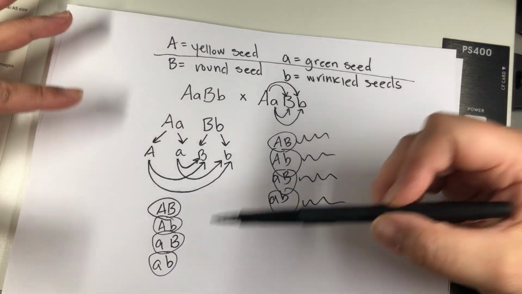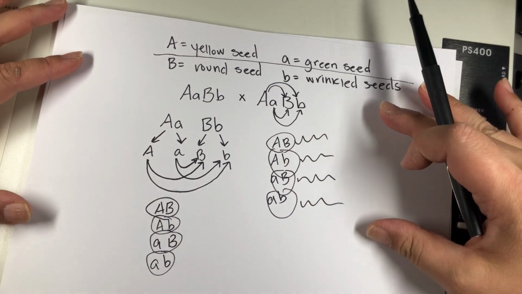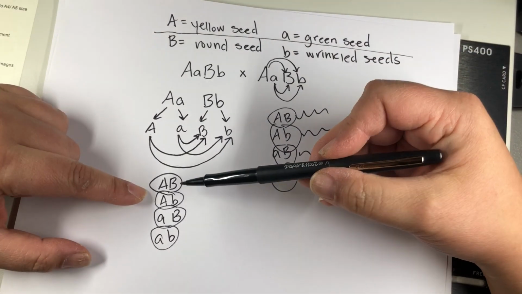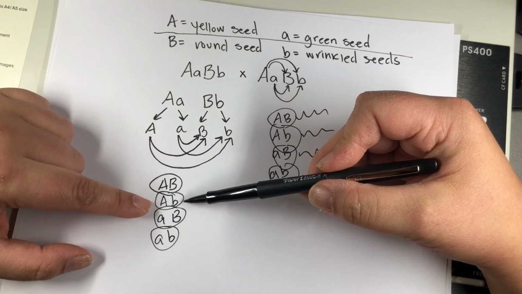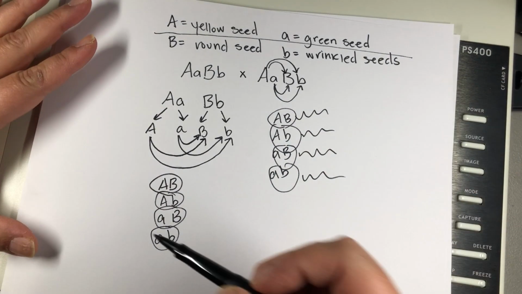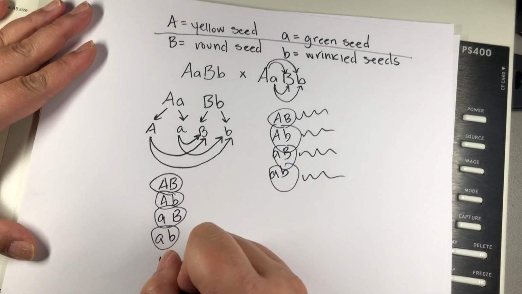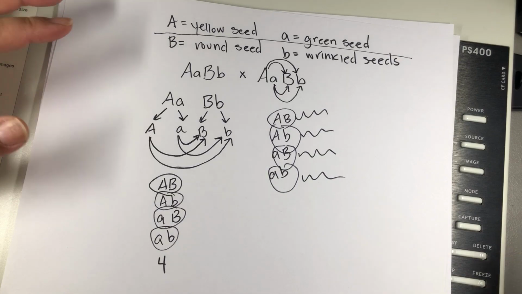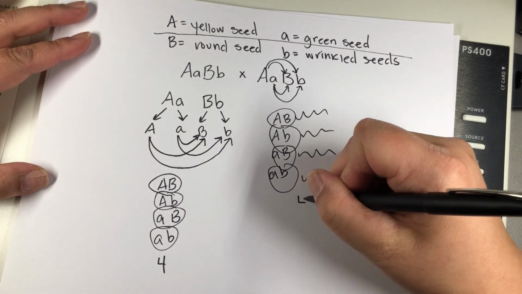What you want to do is identify the unique gametes that result from this. So we have big A, big B; big A, little b; little a, big B; and little a, little b. Now these are all different, so there are 4 unique gametes that can be produced from this particular cross. And this one here is also 4.